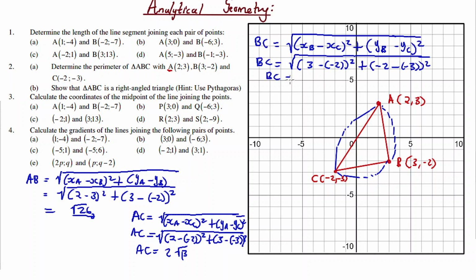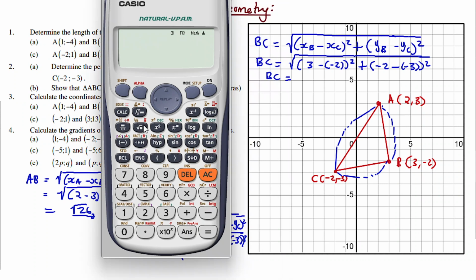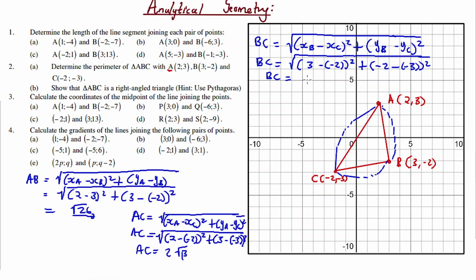Then BC is equal to, let's calculate, 3 minus negative 2 squared plus negative 2 minus negative 3 squared. Answer: square root 26. So now the perimeter is gonna be what?